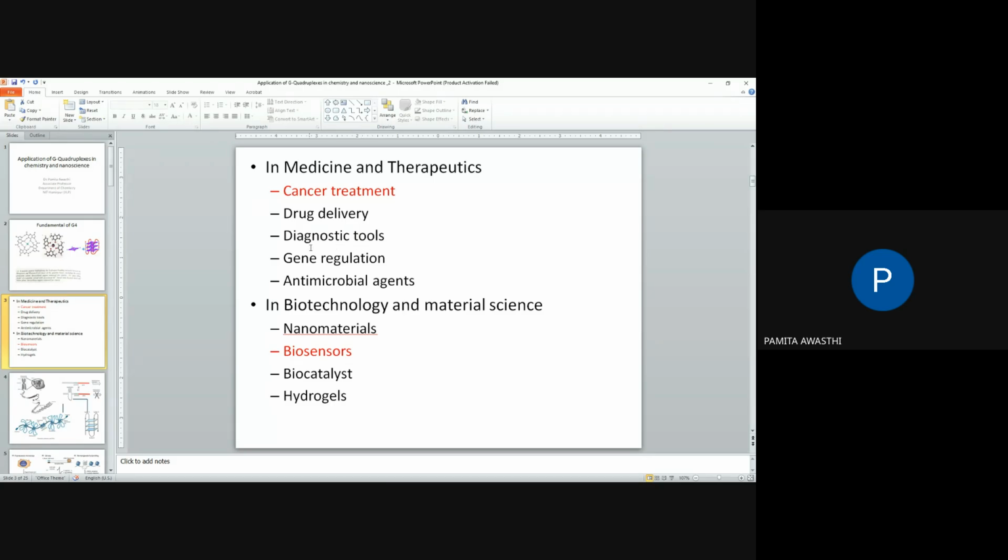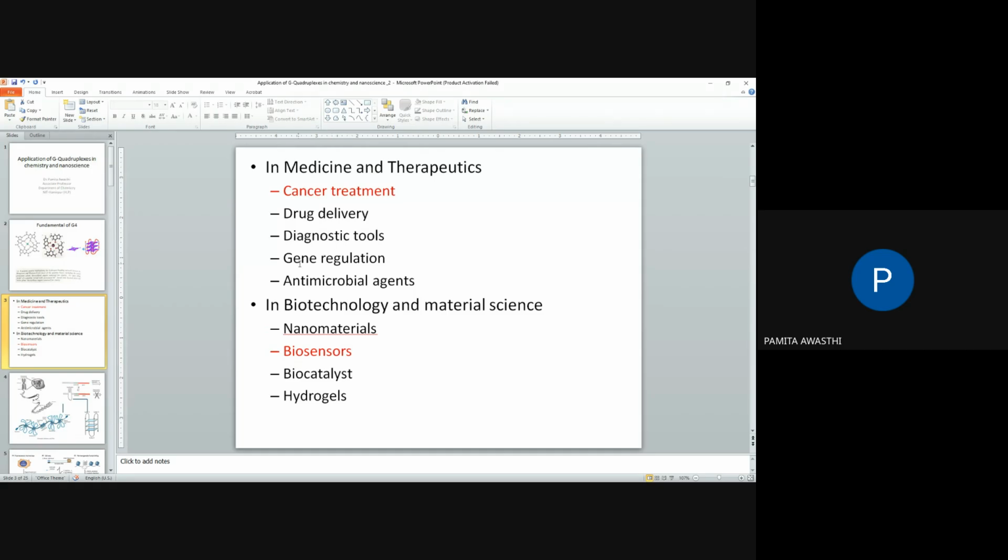As diagnostic tools, quadruplexes can be used as a biomarker for various diseases. So the unique structure of quadruplexes allows for the development of very sensitive, or you can say very specific, diagnostic tools.